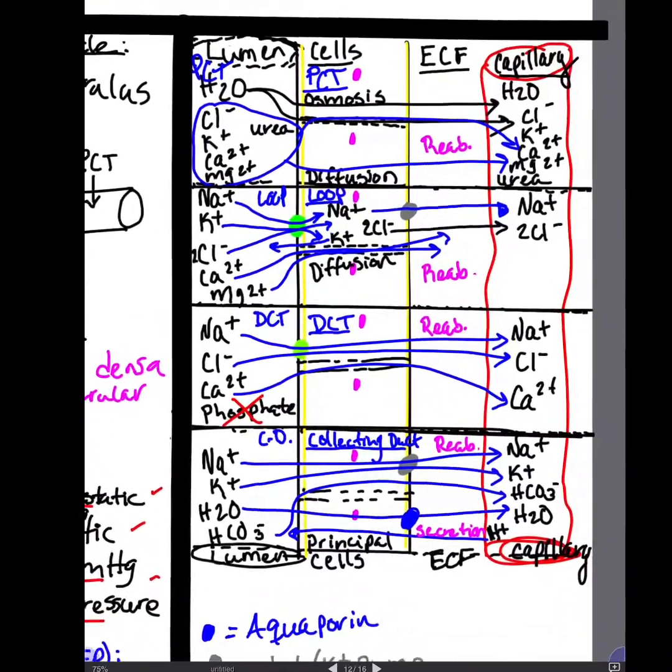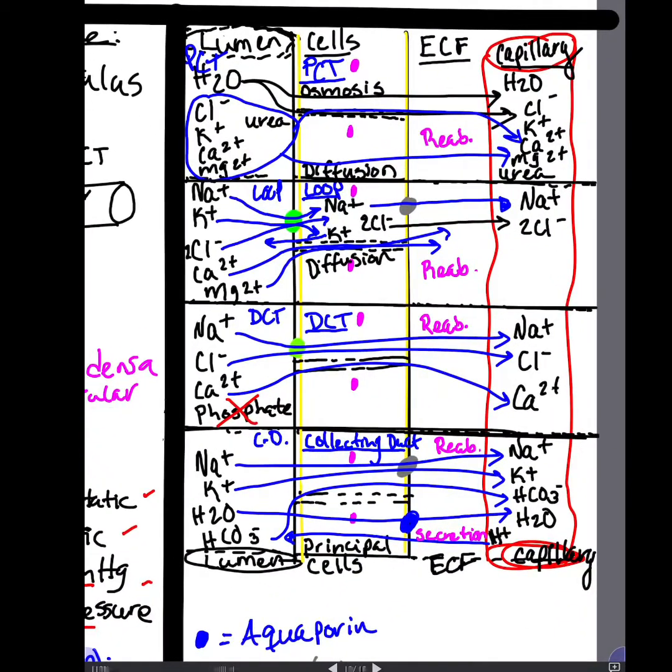So in this drawing that I have right here, I'm just resembling each one of those parts. For example, the proximal convoluted tubule, the loop, distal convoluted tubule, and collecting duct. This right here is resembling the lumen, inside the tubules.